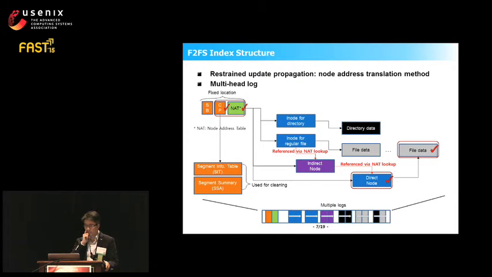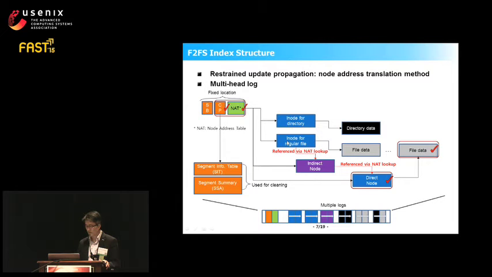In contrast to the LFS structure, we have a different node mechanism to translate node blocks to the physical addresses of those node blocks. You can think of the F2FS node address translation scheme as an extension of the IMAP of LFS to refer to the indirect nodes and direct nodes.